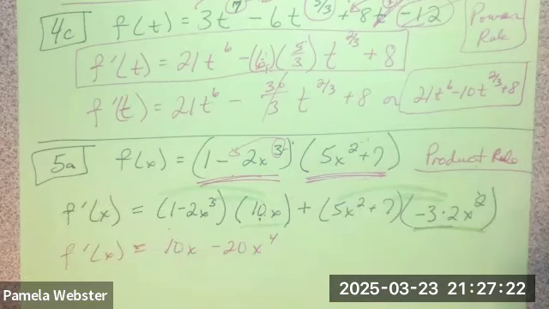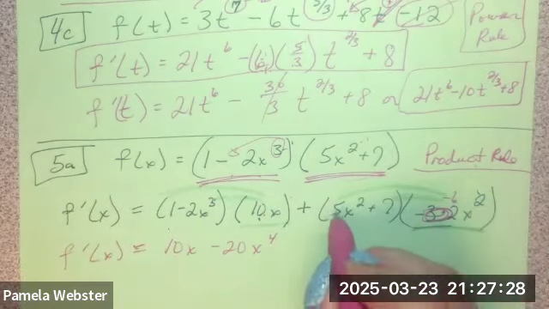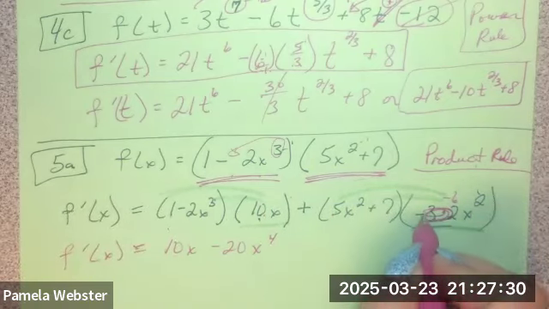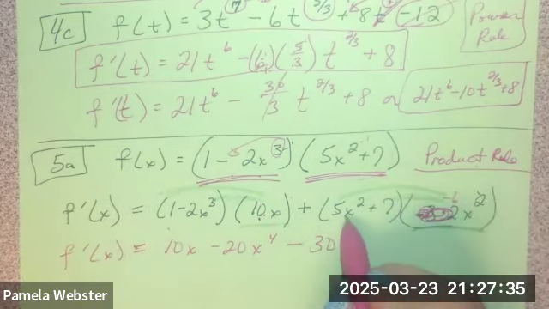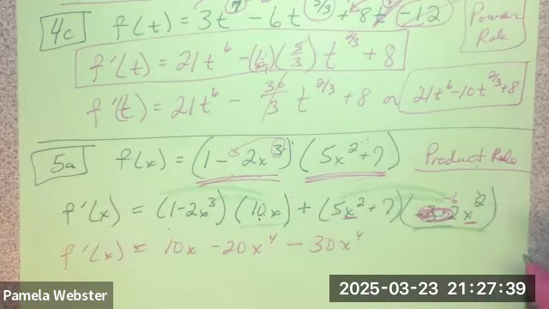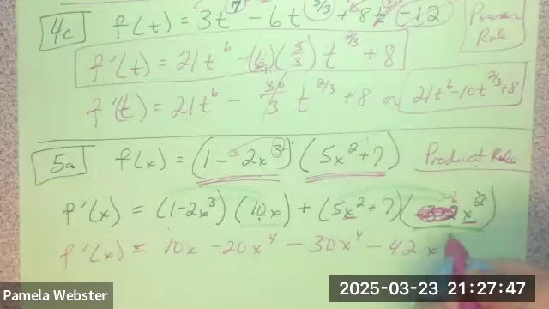Be careful with your exponent rules. This is a -6. -6 times 5 is a -30, x squared times x squared is x to the fourth. And then -6 x squared times 7 is -42 x squared.